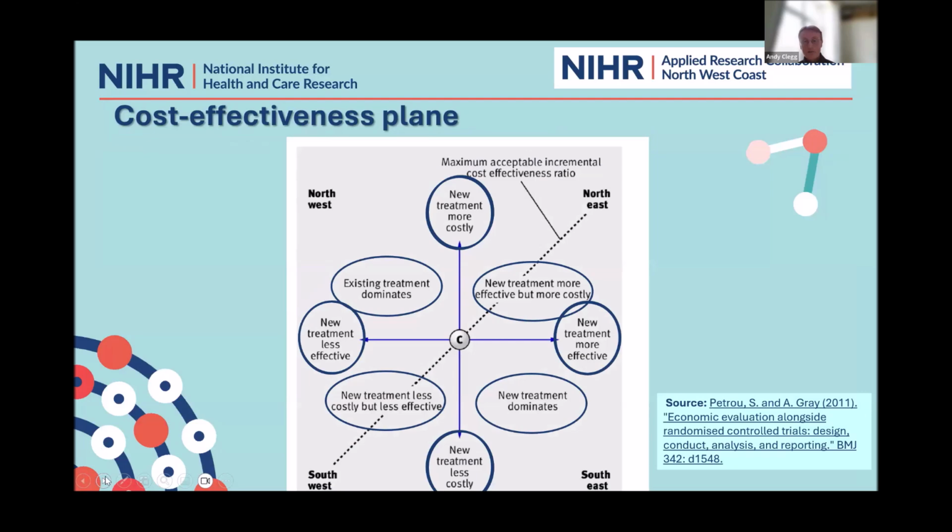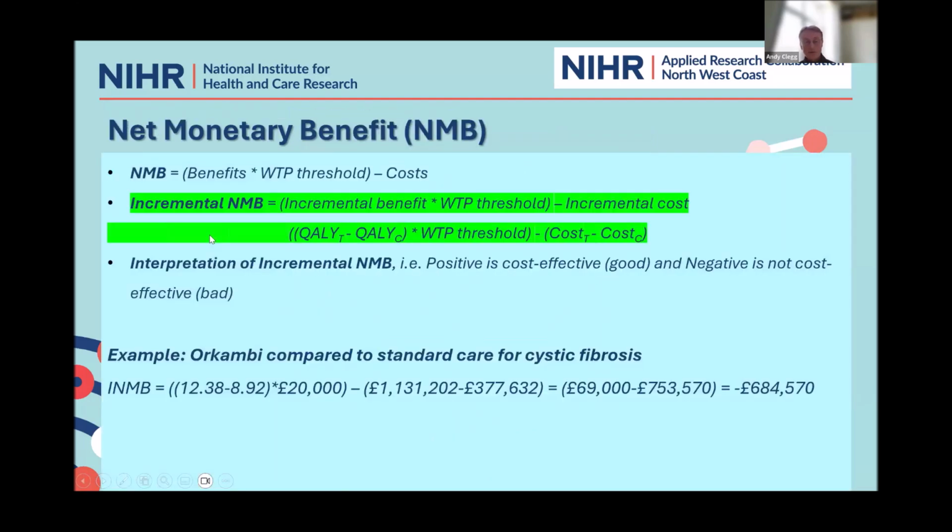So another option that has been put forward is the net monetary benefit, and you can also have the net health benefit associated with that. This is where we take the willingness to pay threshold, say £20,000, and we multiply it by the effect, so we're effectively turning it into a monetary value, and then taking away the costs. So that is then interpreted in the line, it's the green line there, which is the incremental, because we're always judging one treatment against another treatment to see which is better in terms of benefit and cost.